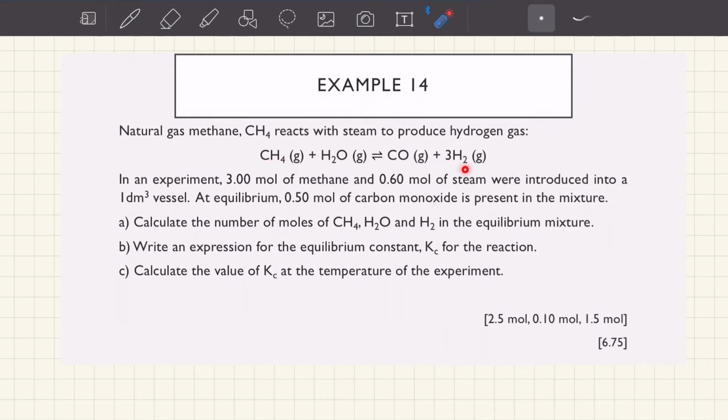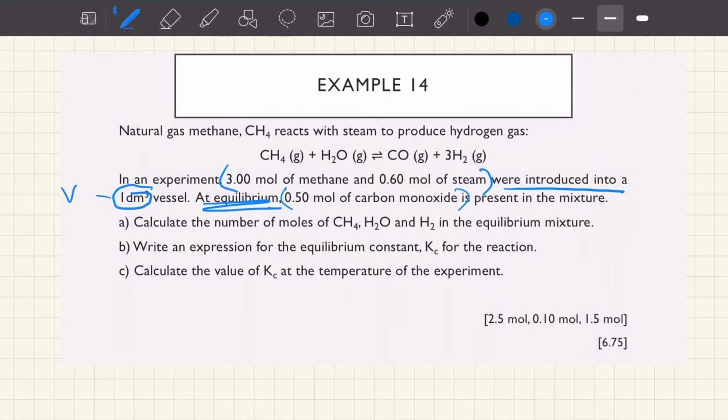So here is your equation, and then it says that in an experiment 3 moles of methane and 0.6 mole of steam were introduced into a container. So this is your quantity. At equilibrium, 0.5 mole of carbon monoxide is present in the mixture.